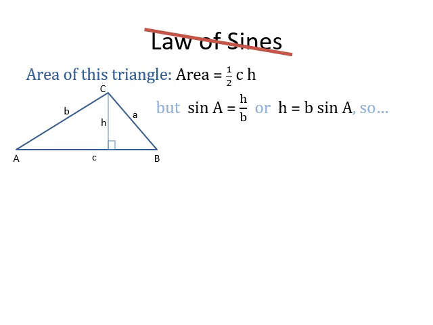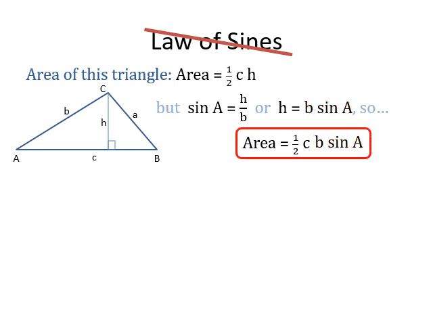Solve that for h by multiplying both sides by b. Then the area is equal to 1/2. Instead of 1/2 base c times height h, I could substitute in what h is equal to. And so this is a formula.